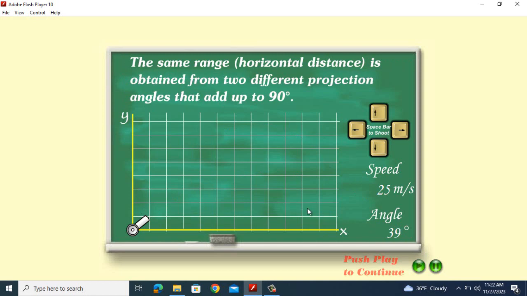So let's do this at 25, and I shoot it. Okay, so that's way over there. And then 25 plus 65 is 90. And these should clip out at each other, so they go together there.